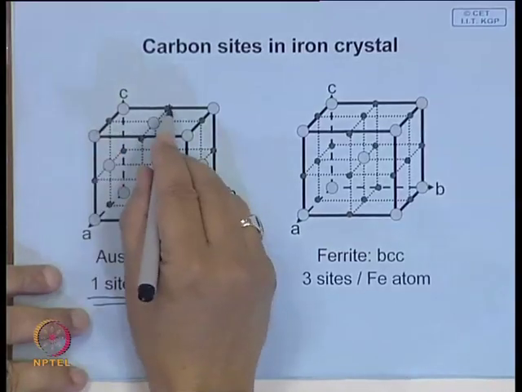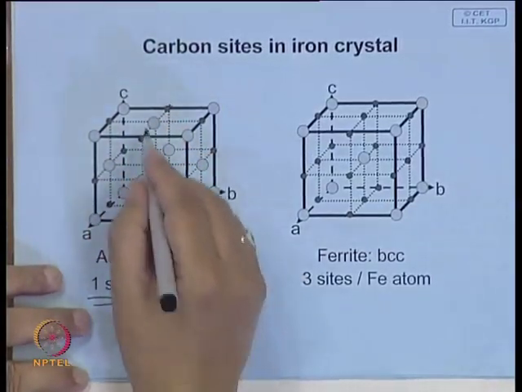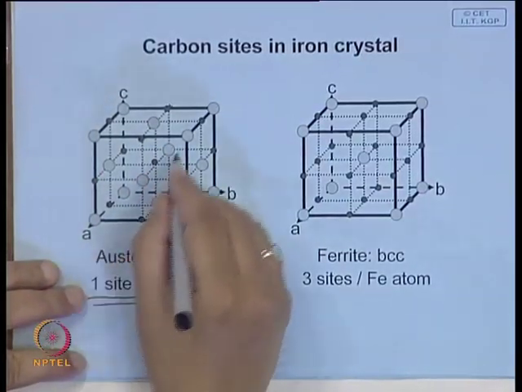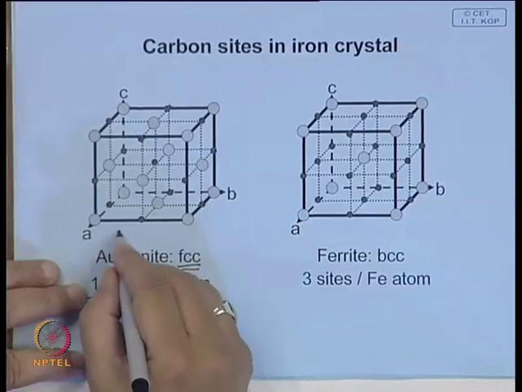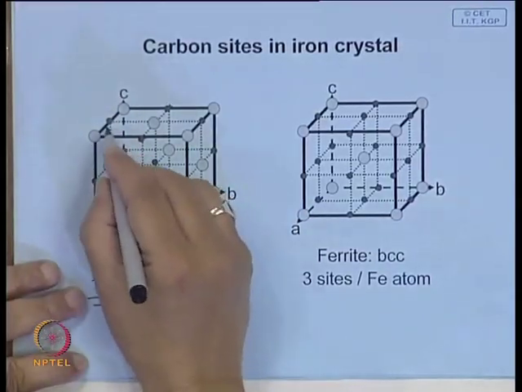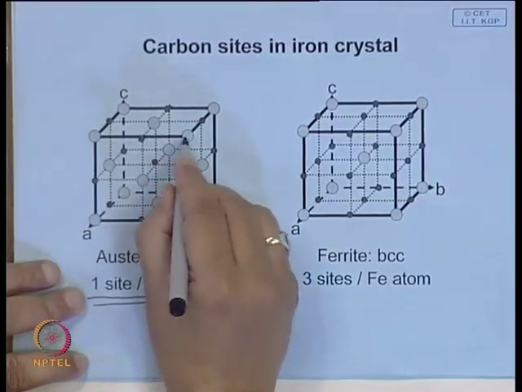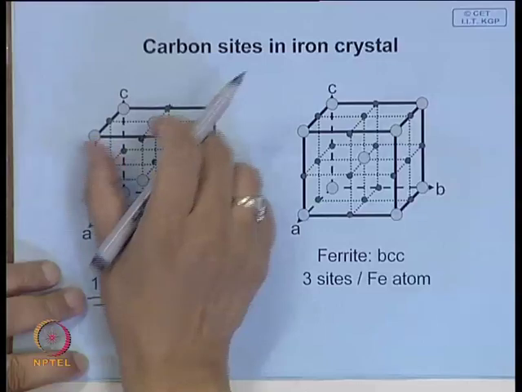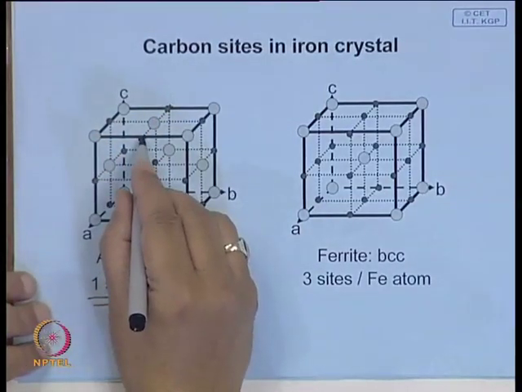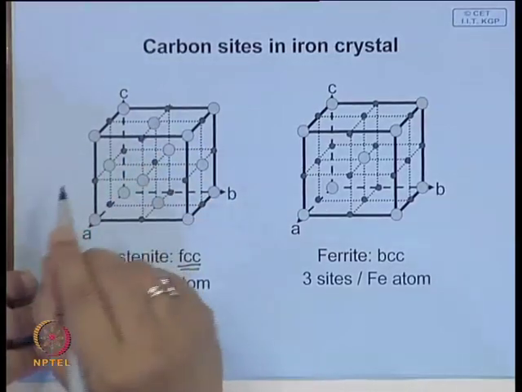If all sites are accommodated, if every site has a carbon atom, then the atomic percent solute can go up to 50 atomic percent, which never happens. It cannot accommodate so many, because if you look at the dimensions of these interstitial sites, they are not large enough to accommodate a carbon atom without lattice distortion.